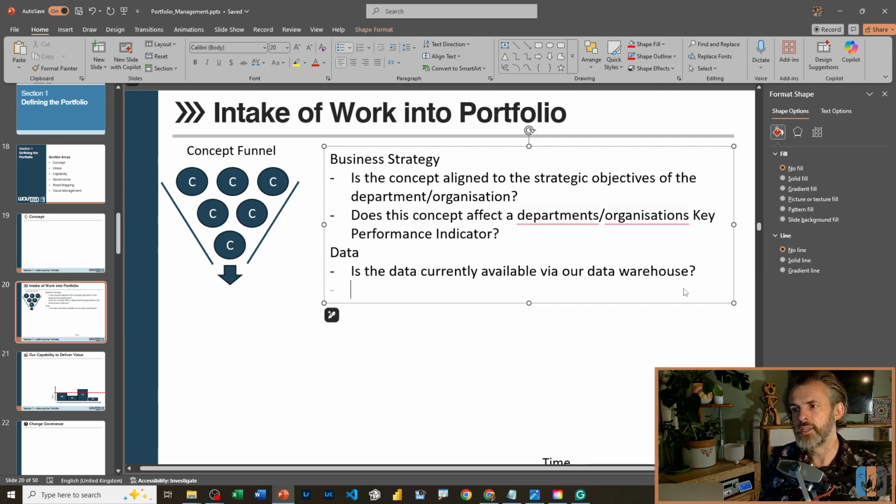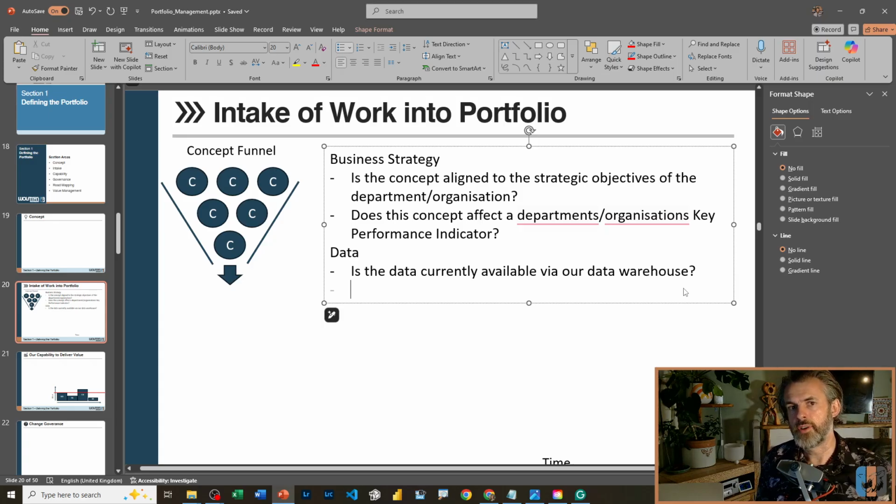If something's not in the data warehouse, then what does that mean? Does it just automatically get a red flag? Well, I suppose in one sense, yes, it's far more difficult for us to deliver against, but this comes back to the question of strategic alignment and what's the long-term vision for this data.